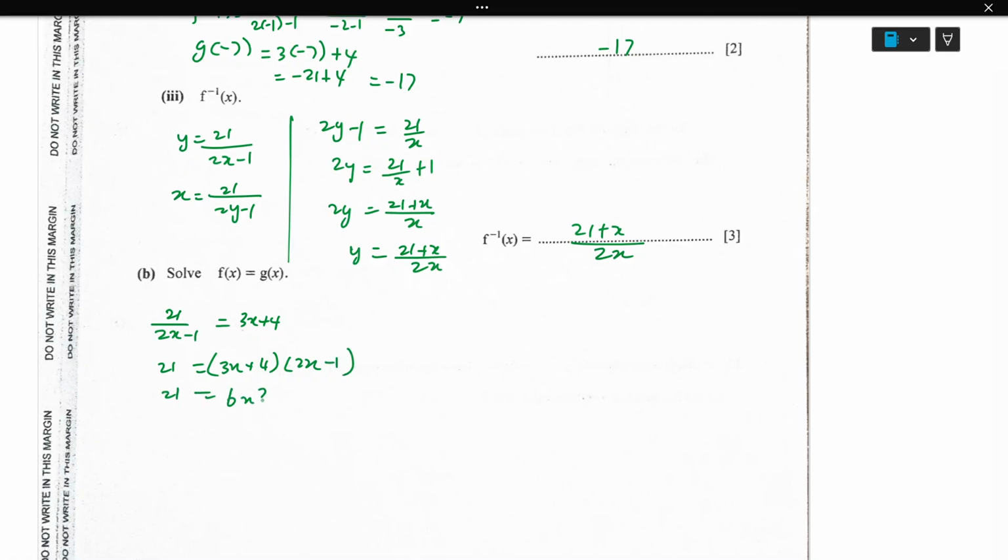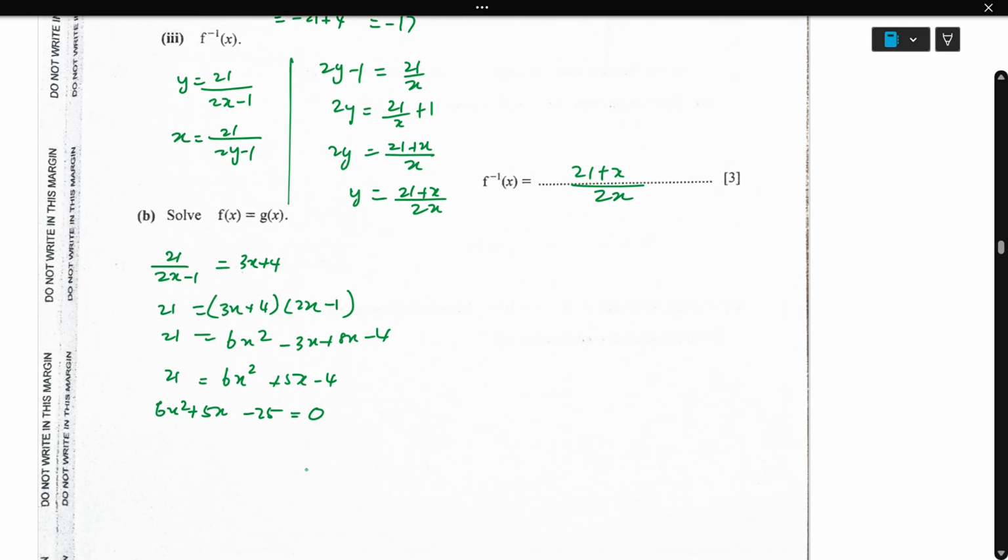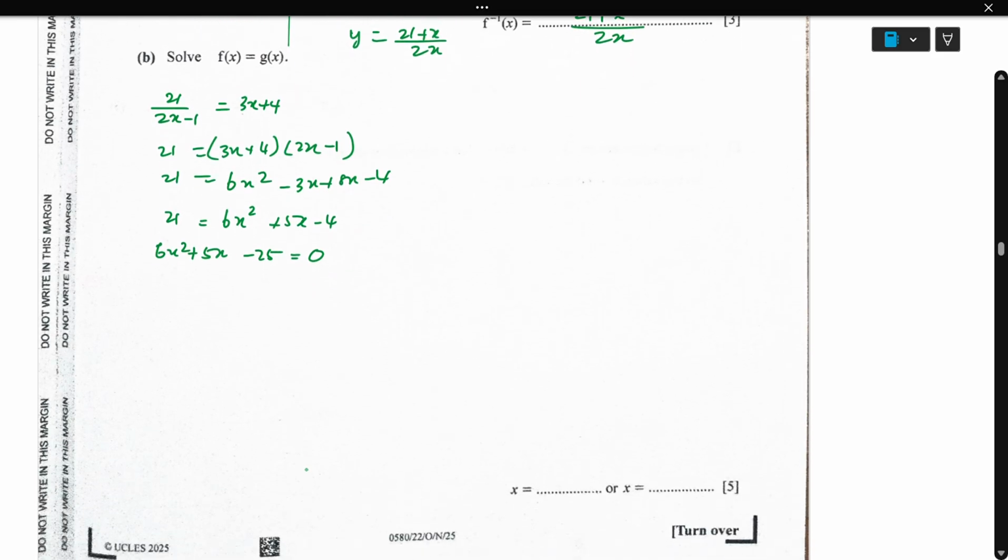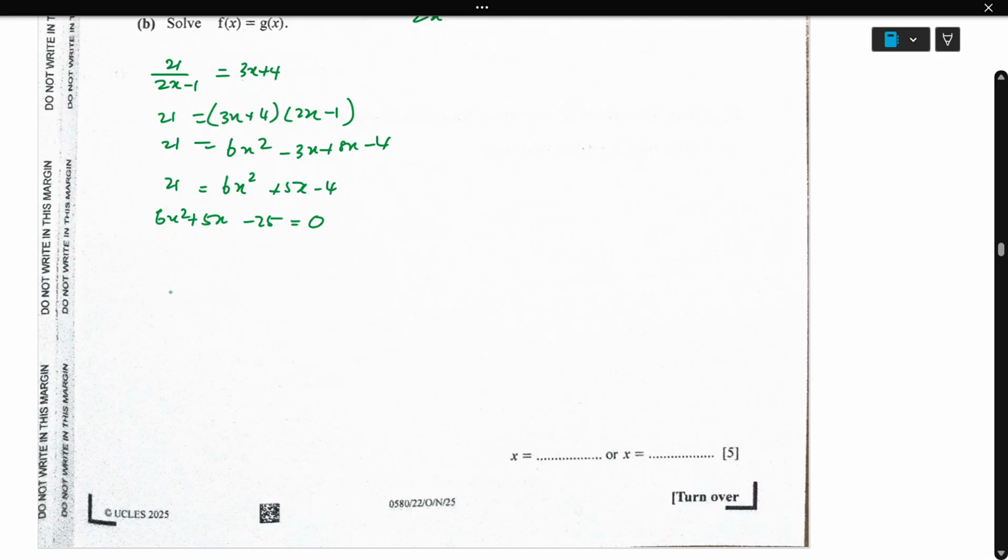So 21 equals 6x squared minus 3x plus 8x minus 4. 21 equals 6x squared plus 5x minus 4. So 6x squared plus 5x, this 21 we bring to the right, so it becomes negative 25, equal to 0. So now we have to factorize.